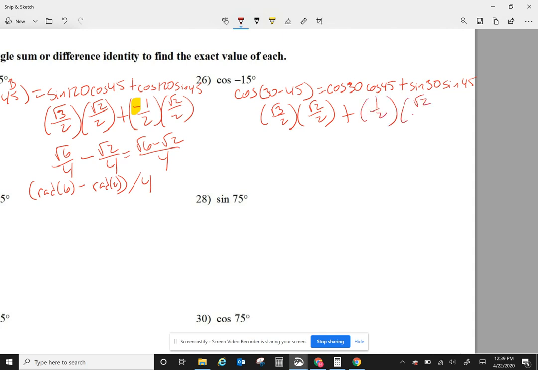Sine of 45 is radical 2 over 2. So I have radical 6 over 4 plus radical 2 over 4, which is radical 6 plus radical 2 all over 4. The way I type this, a big parenthesis for the top, radical 6 plus radical 2 all over 4.